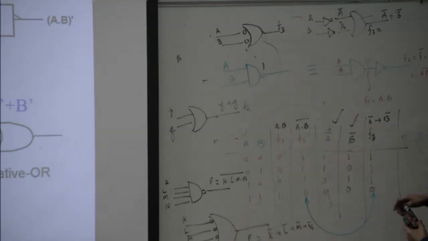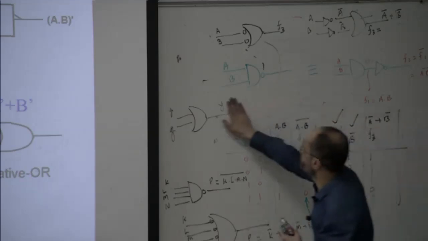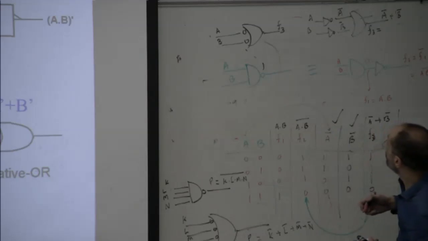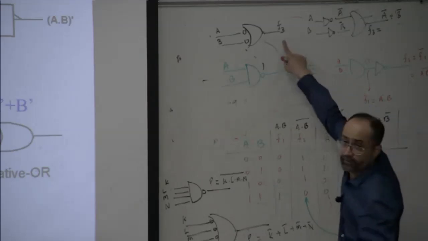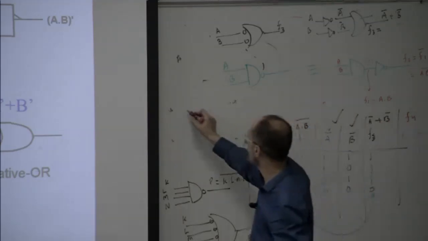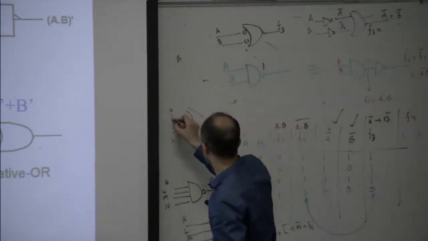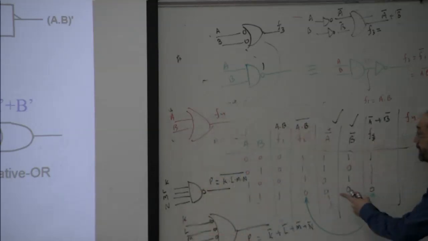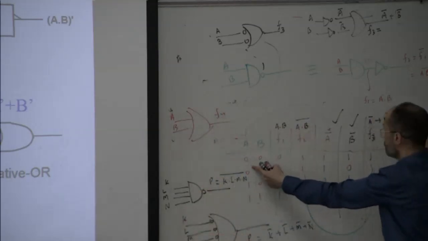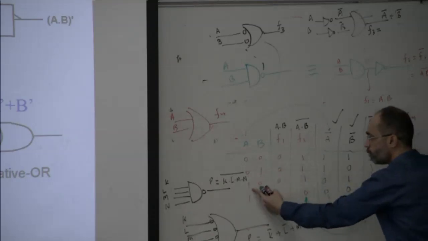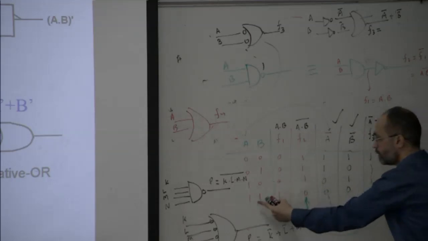Let's assume you have this thing, F3. Now we want to implement F4, which is the OR gate of A and B. How can we compute F4? Please look at A, B: 0 0, 0 1, 1 0, 1 1.